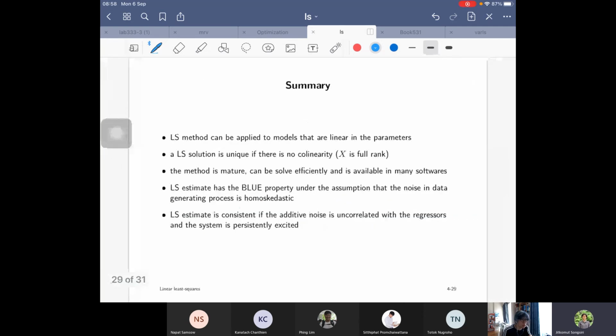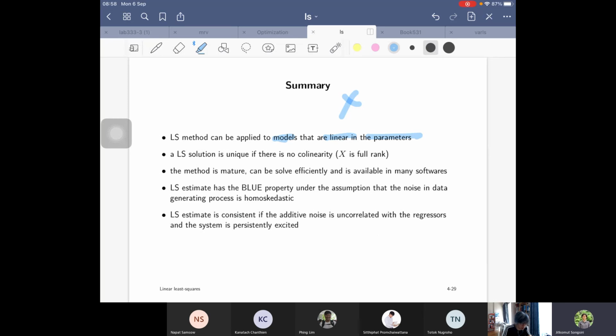Okay, to conclude this chapter, we have explained the least square method. The least square framework can be applied to models that are not only linear or nonlinear in X, but the emphasis is that the model is linear in the parameters.